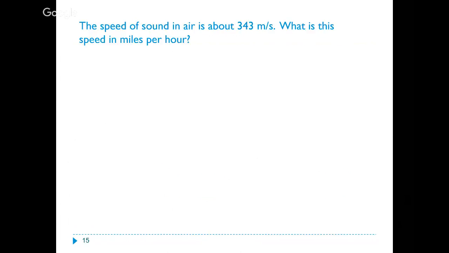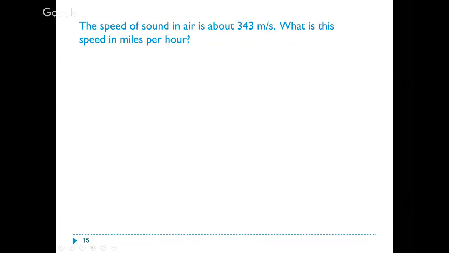So what if we have a compound unit? The speed of sound in air is about 343 meters per second. What is this speed in miles per hour? So once again, identify that this is my given information, 343 meters per second. What do I want to find? Well, I need to find miles per hour.